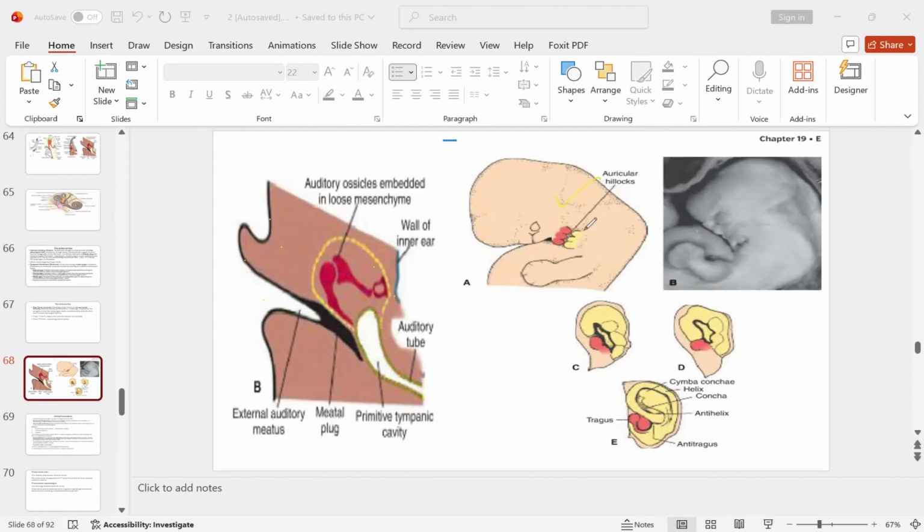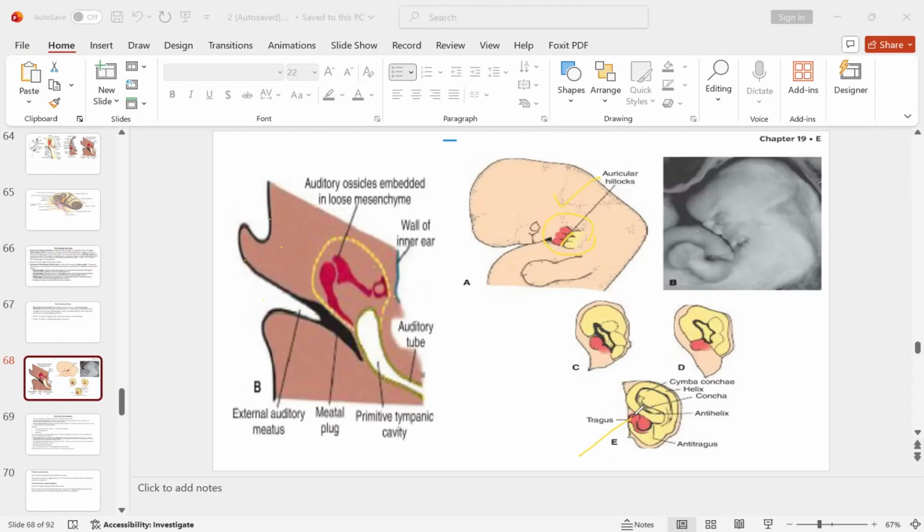So you can see in this diagram that these are the six auricular hillocks, and from the fusion of these, pinna or the auricle is formed, and these hillocks are located at the margin of the first pharyngeal cleft, and these hillocks are formed from the contribution by both the first pharyngeal arch and the second pharyngeal arch. From the first pharyngeal arch, the meatus and tragus part of the pinna are formed.